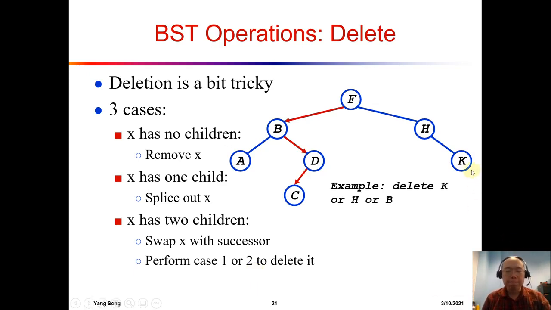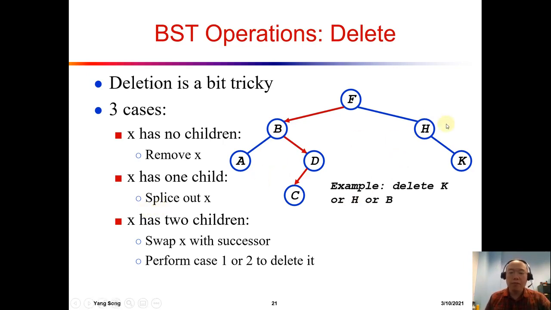So let me show you some examples. How do you delete K? Which case is that? That's case 1, because K is a leaf, so there are no children. Grab K and throw it away, that's it. How do you delete H? This process is called splice out.